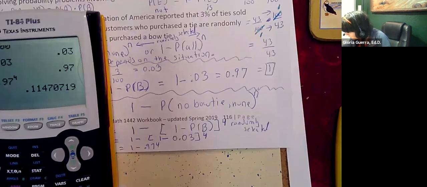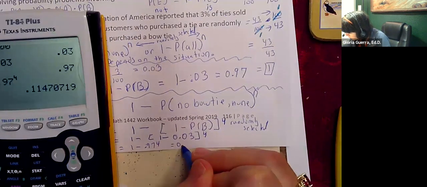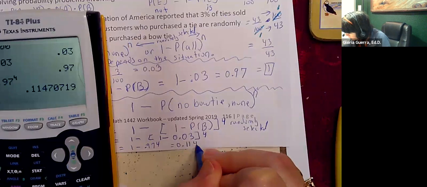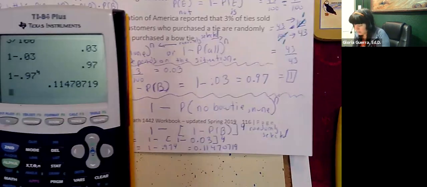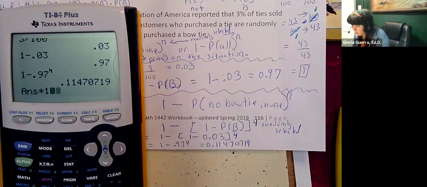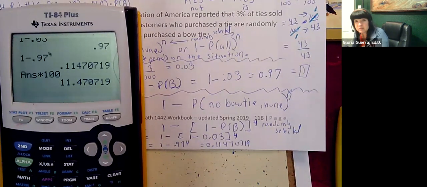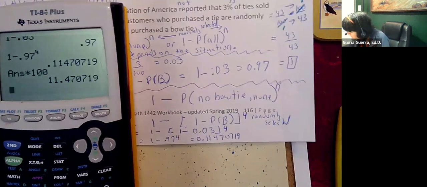Okay, so that gives me 0.11470719. And then if I multiply that times 100%, that's about 11.5%.